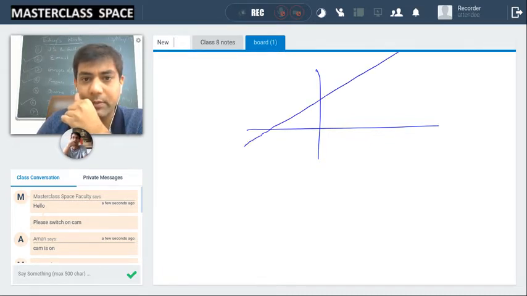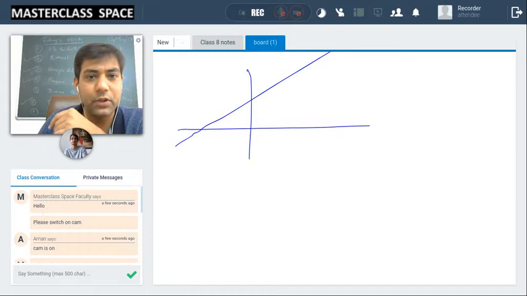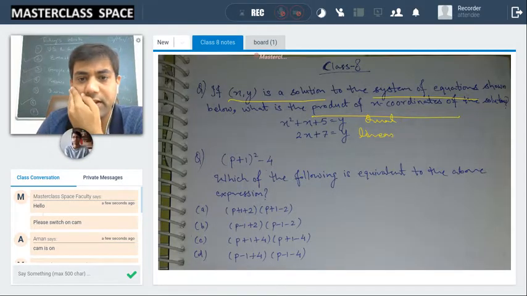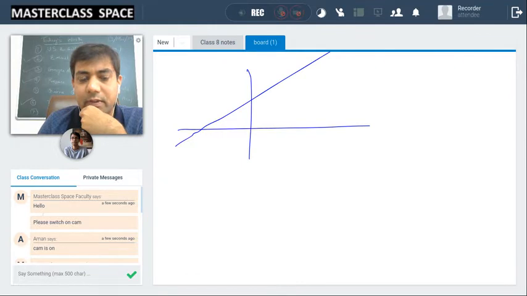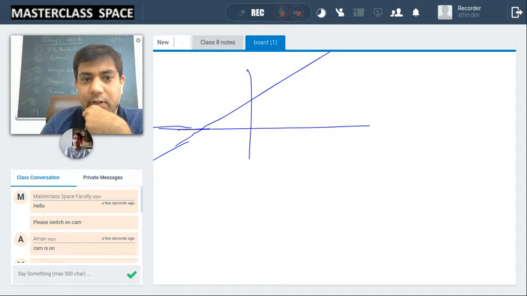This is the equation of a line. And then for the other one, you must be having something which satisfies one equation.